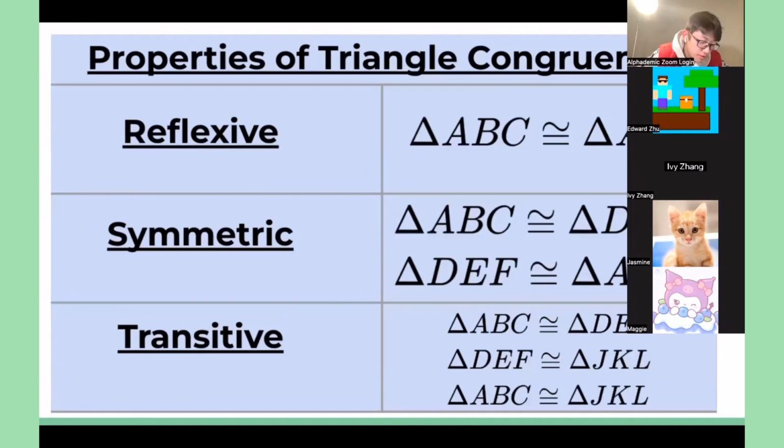So for the transitive property of angles, again, if angle A is congruent to angle B, and angle B is congruent to angle C, then angle A is congruent to angle C. So this, I think, is definitely the most important one to remember out of the three.